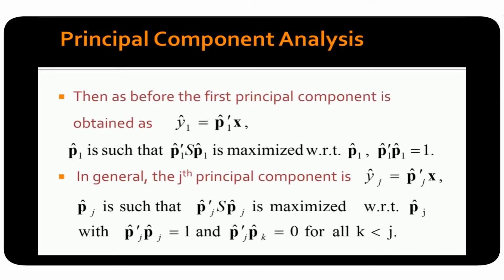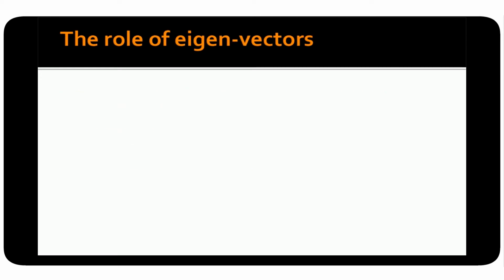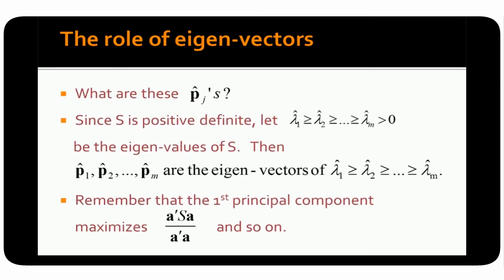Now, as before, we consider a linear combination of the x, that is, we have y equal to a prime x, which is basically summation of k equal to 1 to n a_k x_k. So, x_k's are the elements of x, and as you remember, we will be looking at this linear combination y.